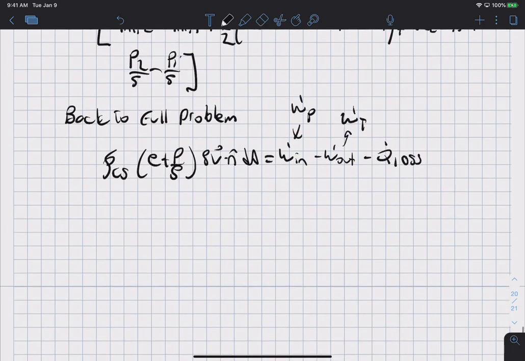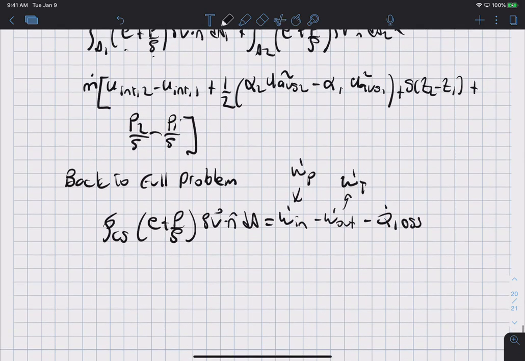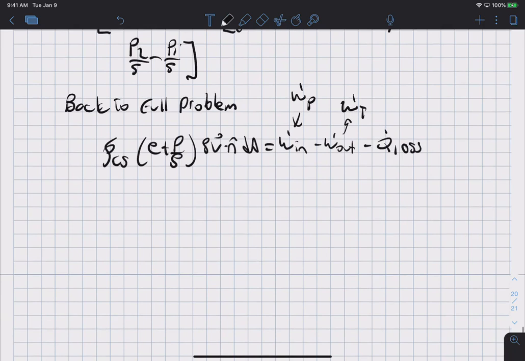And so we already have this piece here, and that comes from, so this term here is actually this integral here, because we're assuming there's no flow, that the walls of the pipe are impermeable.